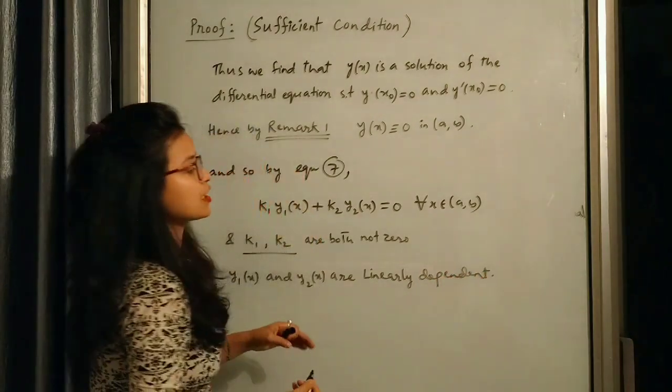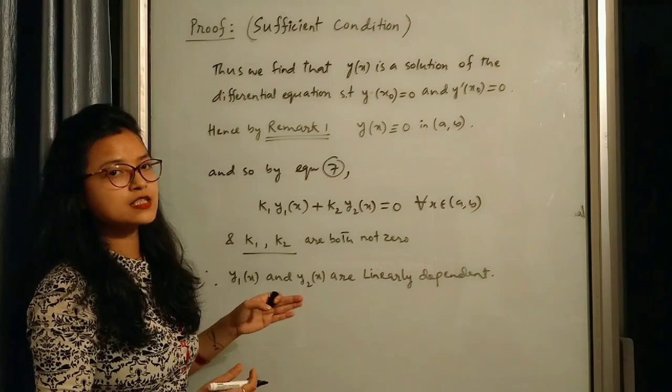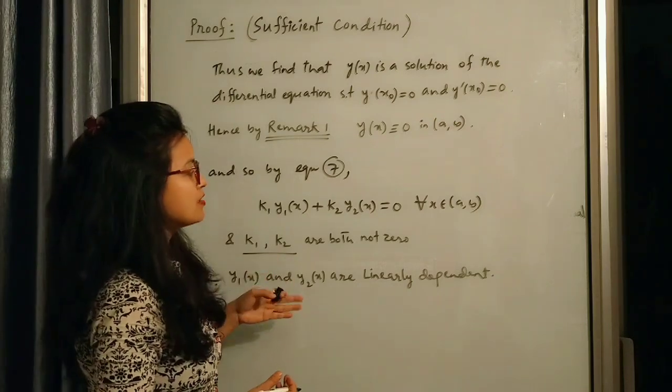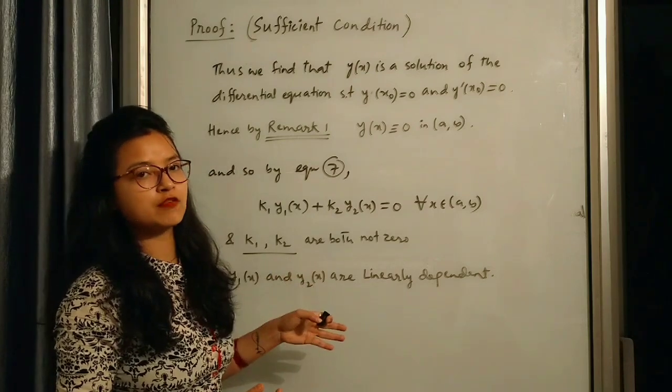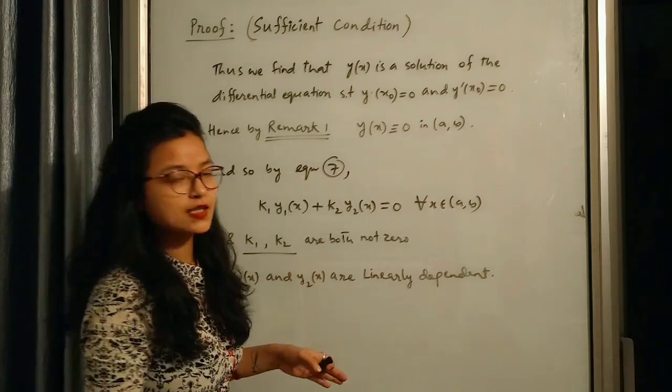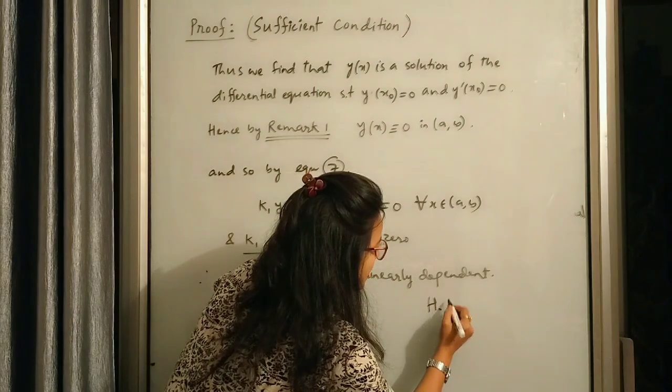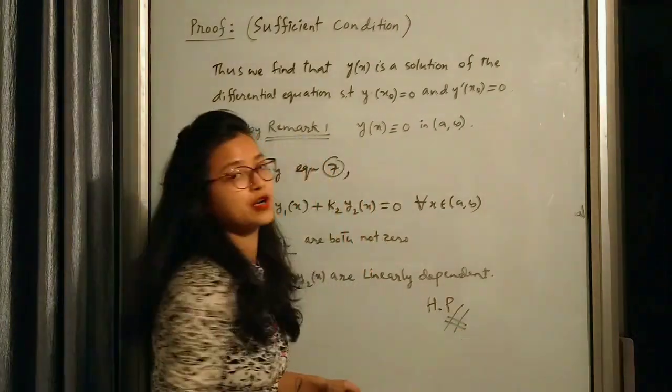That means considering the Wronskian identically 0, we have proved here the solutions y1(x) and y2(x) of the differential equation are linearly dependent. Hence the sufficient part, hence the proof of the theorem.